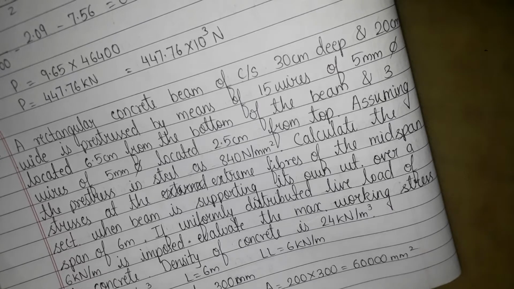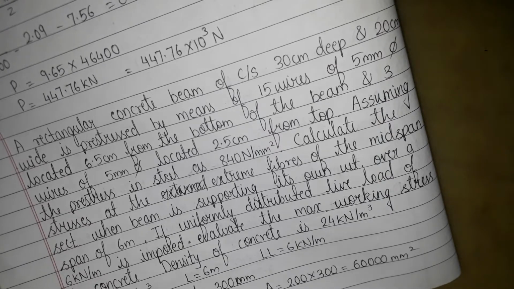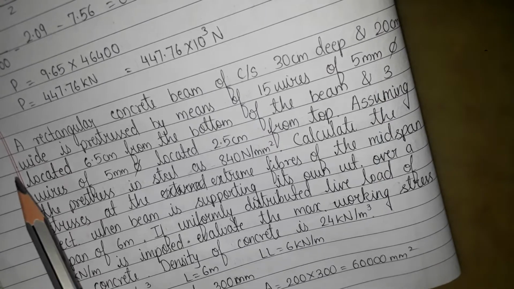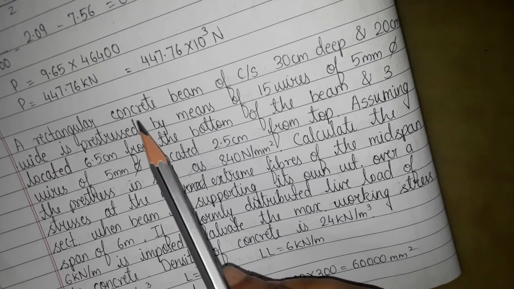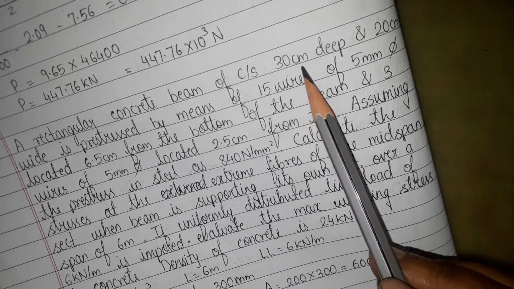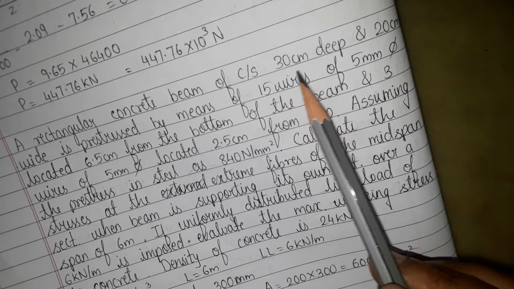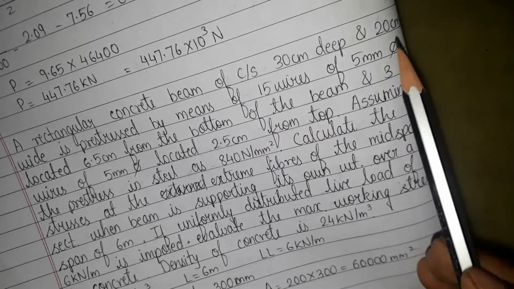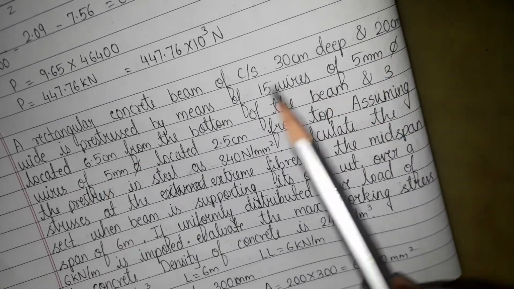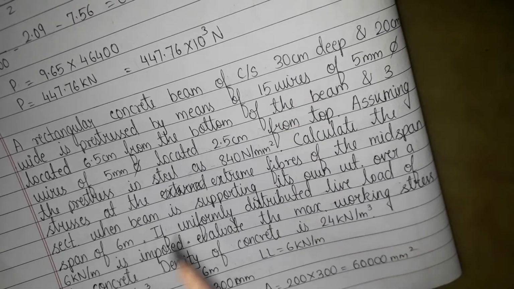I'll read out the statement of the problem here. It is given as a rectangular concrete beam of cross section 30 centimeter deep and 20 centimeter wide, that is 300 mm by 200 mm.